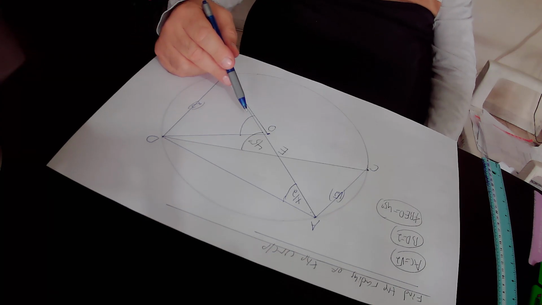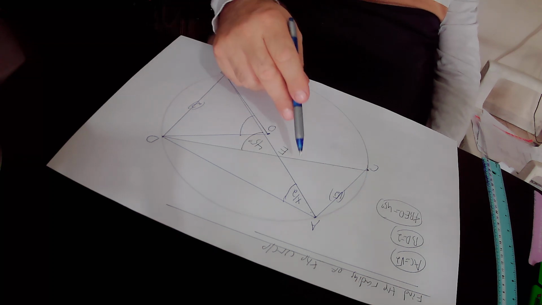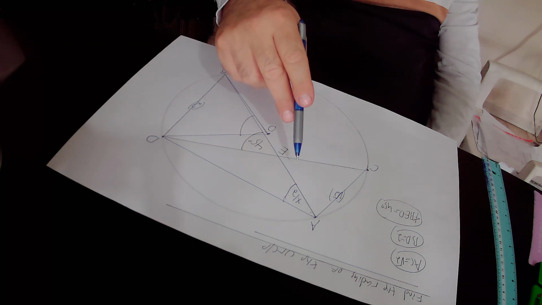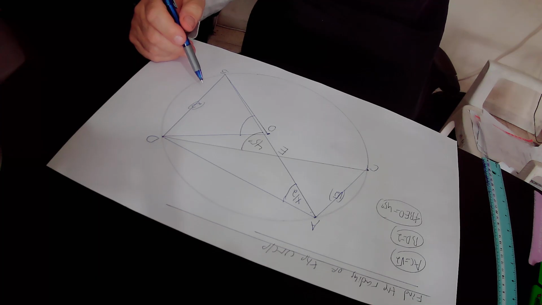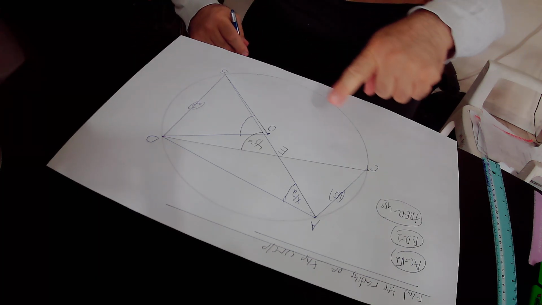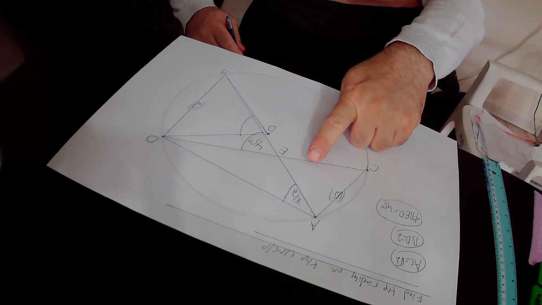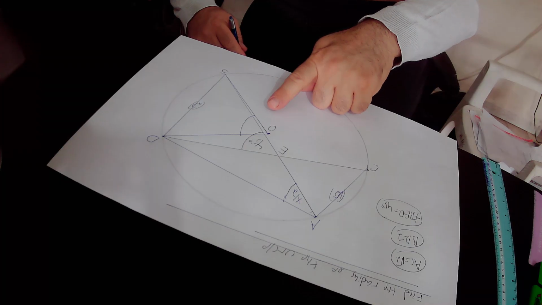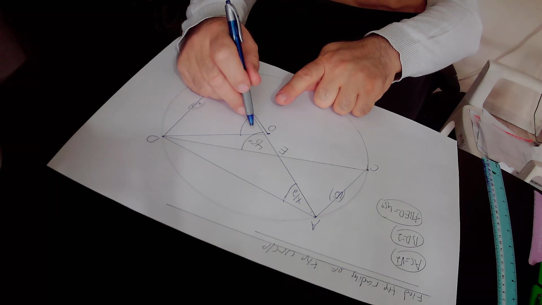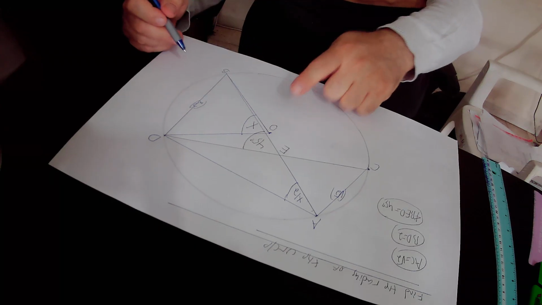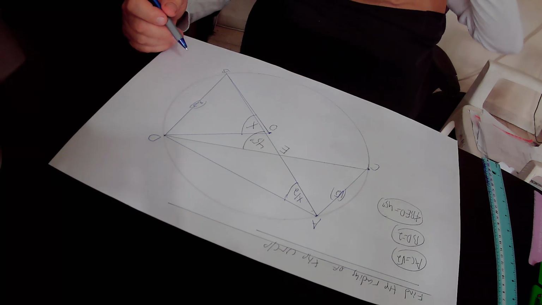Therefore, the size of this center angle must be twice as large as the size of this peripheral angle BAD that subtends on the same chord BD. So the size of peripheral angle BAD equals x over 2, therefore the size of this central angle BOD must be equal to x, according to rule 13.